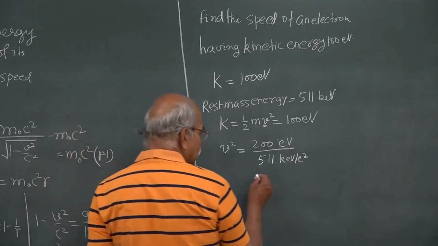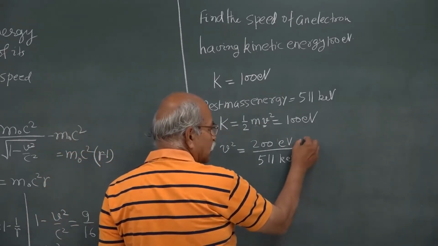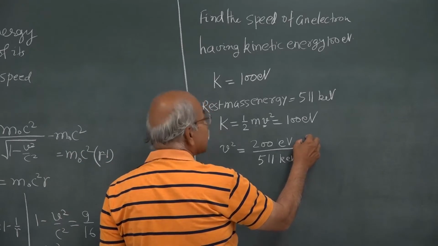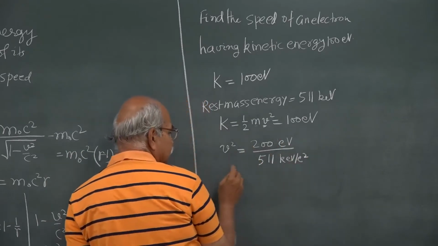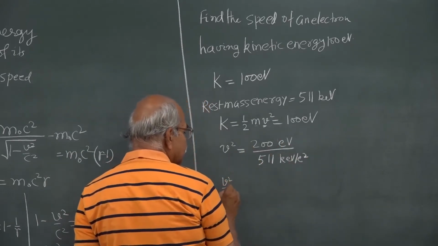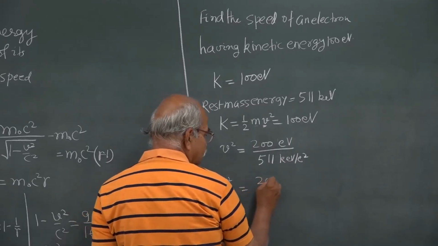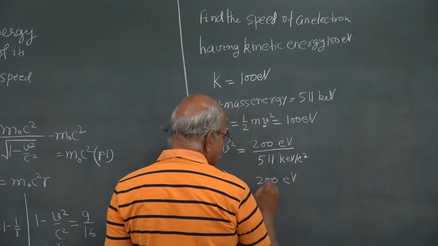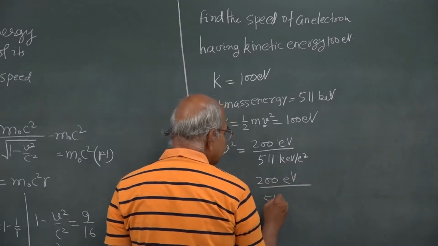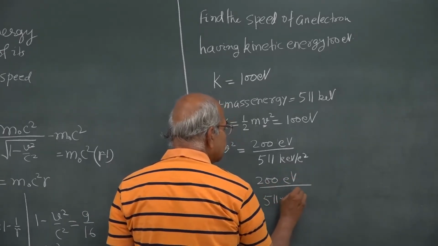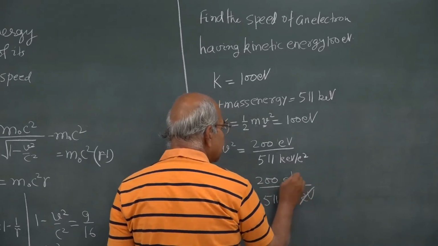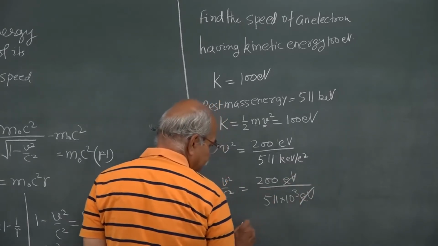So, this c square can go here, and it is v square divided by c square, which is equal to 200 eV divided by 511 into 10 power 3 eV. So, eV cancel out and you have this equation.